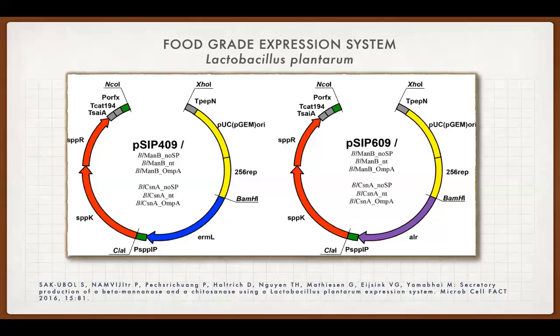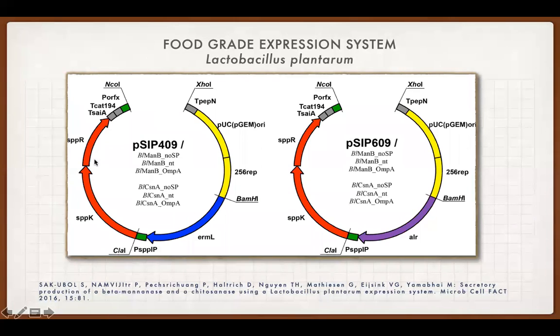Lactobacillus plantarum is one of the very common food bacteria, right? This is for fermented food. So we decided to use the pCIP expression system to produce a recombinant protein in Lactobacillus plantarum.